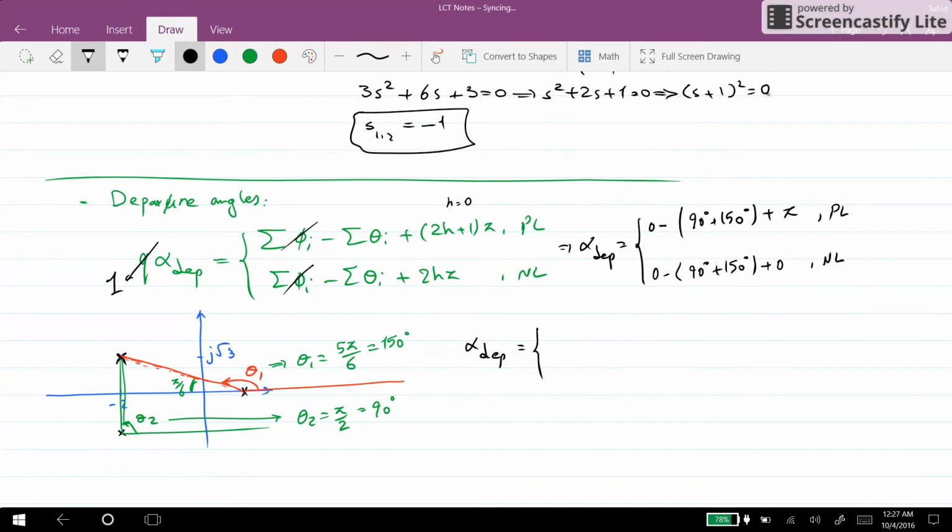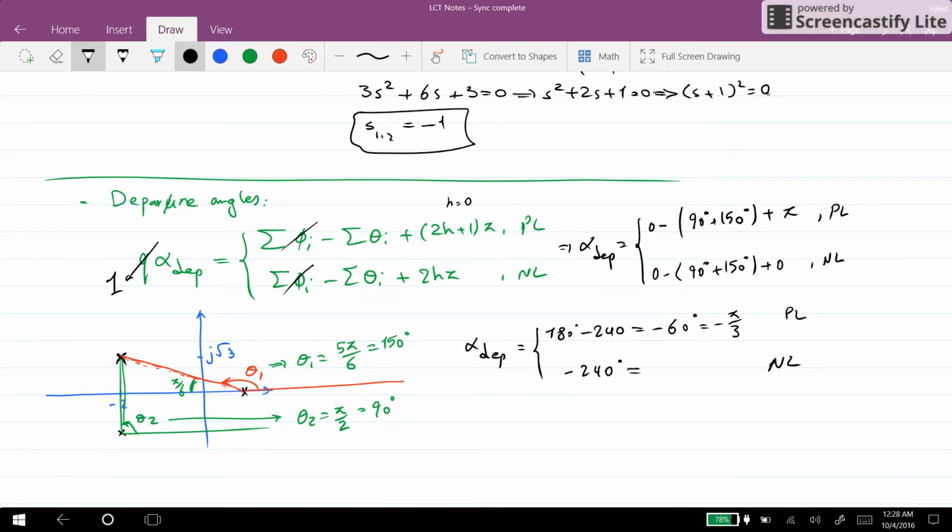So the departure angle will be equal to pi is 180 minus 90 plus 150, which will be equal to 240, and it's equal to minus 60 degrees or minus pi over 3 for the positive locus, and minus 240 degrees for the negative locus.